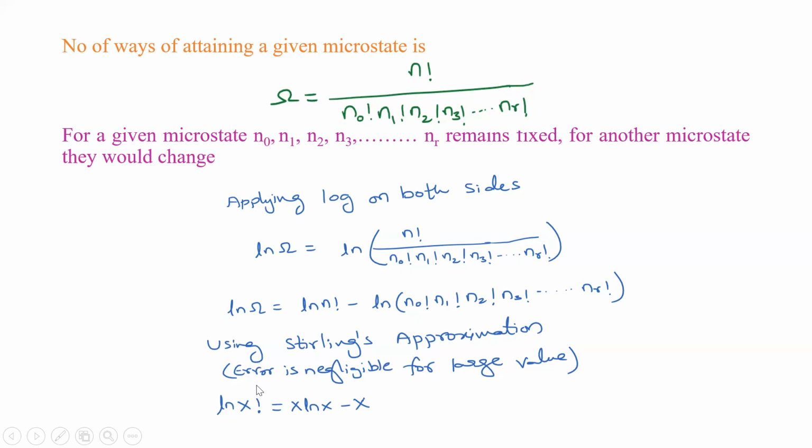Whenever we apply Stirling's approximation for large numbers, the error will be negligible, because N is very large. When we apply Stirling's approximation, ln x factorial will be x ln x minus x. Here ln is the natural logarithm, that is log base e. So it will expand in this way.